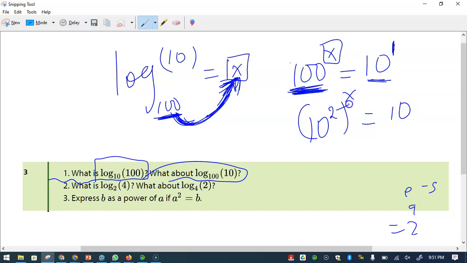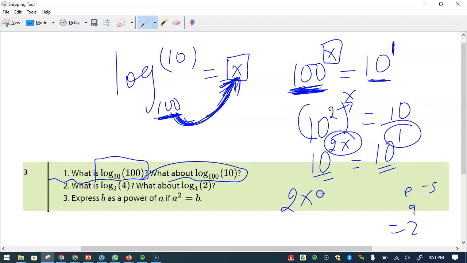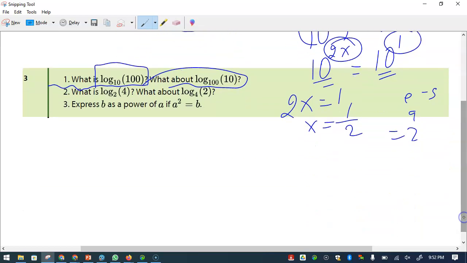So we can multiply power of power, that is 10 raised to 2x equals 10 raised to 1. Now we have the same bases, this is 10, this is 10, so 2x has to be equal to 1. So the answer is x has to be half. So that's how you figure it out. Okay, what about this one? What is logarithm of 4 to the base 2?